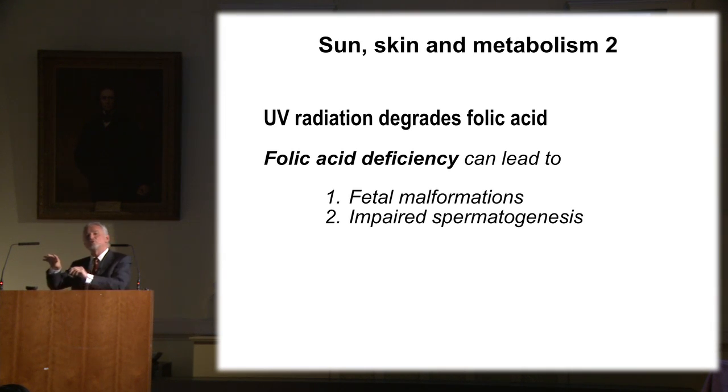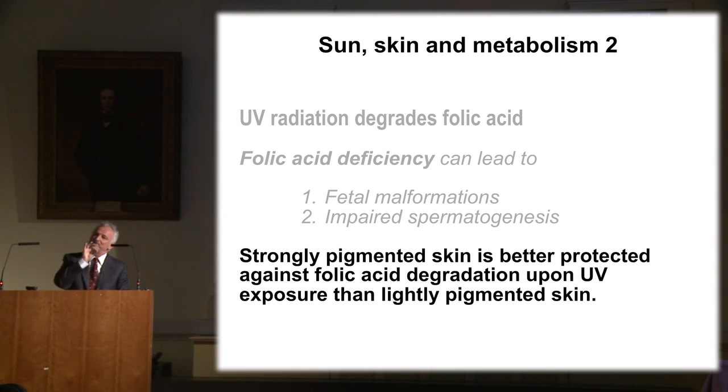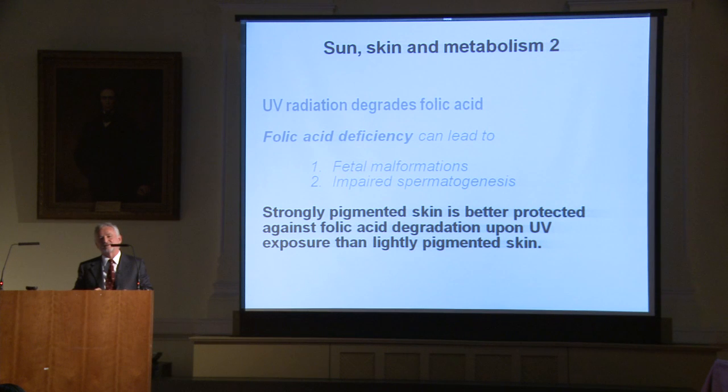So both are factors which influence evolution, because it gives a disadvantage to the person who is exposed to that. So basically, strongly pigmented skin is much better protected against folic acid degradation upon UV exposure than lightly pigmented skin.